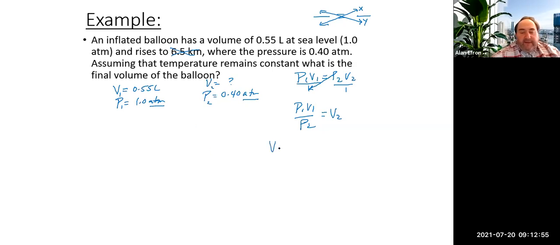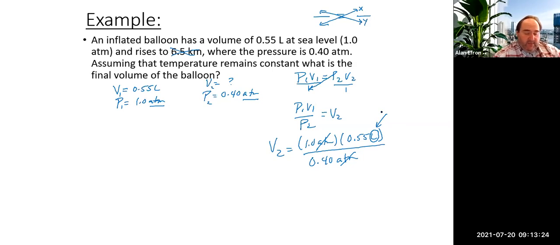And that means that V2 would be our P1, which is 1 atmosphere, times our V1, which is 0.55 liters, divided by our 0.4 atmospheres. In this case, the atmospheres will cancel. Now, regarding the importance of units, as with the earlier question, the volume was given to us in liters, which means when we solve for it, we will be in liters as well.